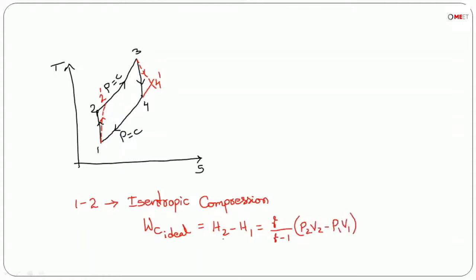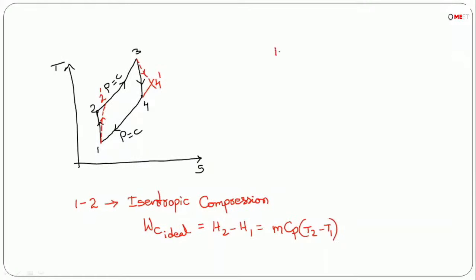So this is ideal work input, or instead of this gamma by gamma minus 1, we will write like this in terms of specific heats and temperatures. We can also write this as mCp T2 minus T1. This is isentropic compression formula.